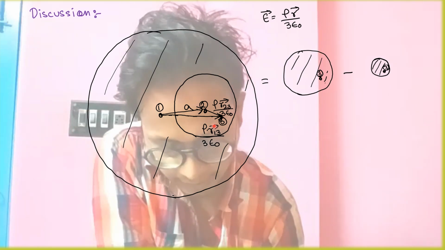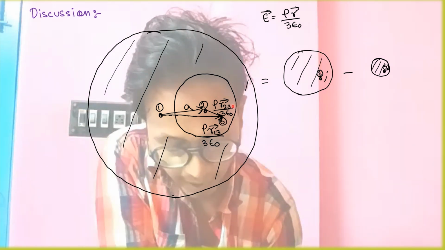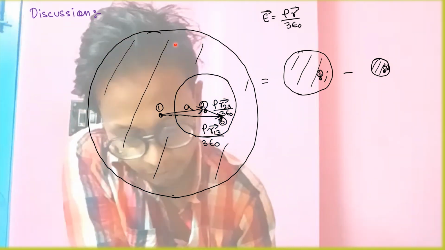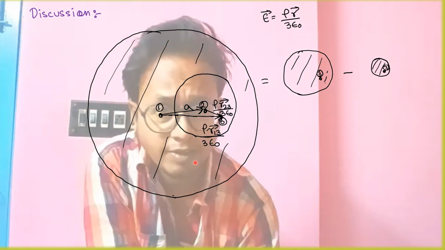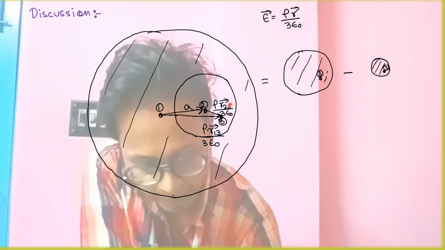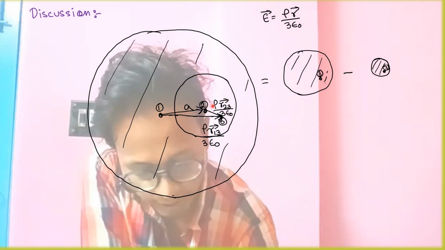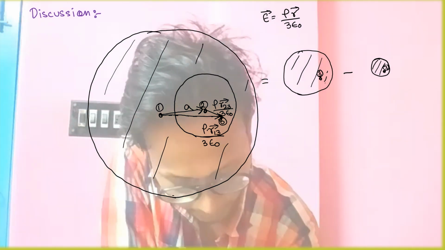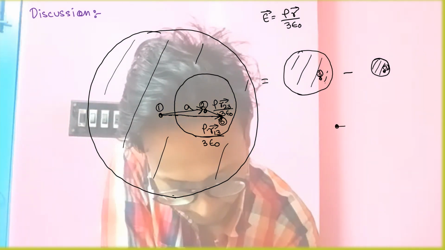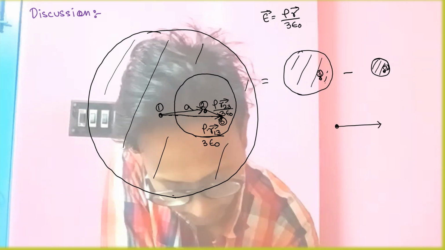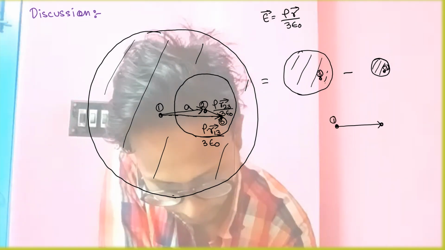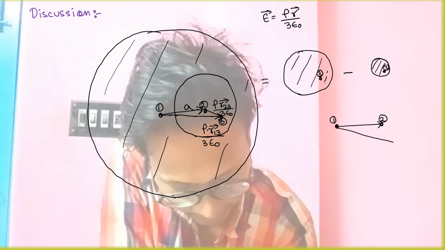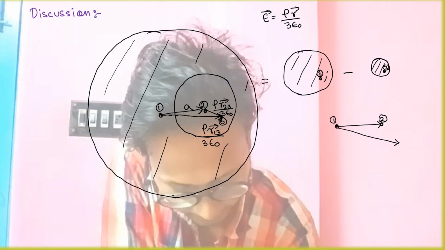Total electric field is nothing but the electric field vector due to the completed sphere minus the electric field vector due to the cavity. So if I see the diagram properly, a is nothing but the distance from the center of the sphere to the center of the cavity, 1 2. And 3 is nothing but the point at which you have to find the electric field.